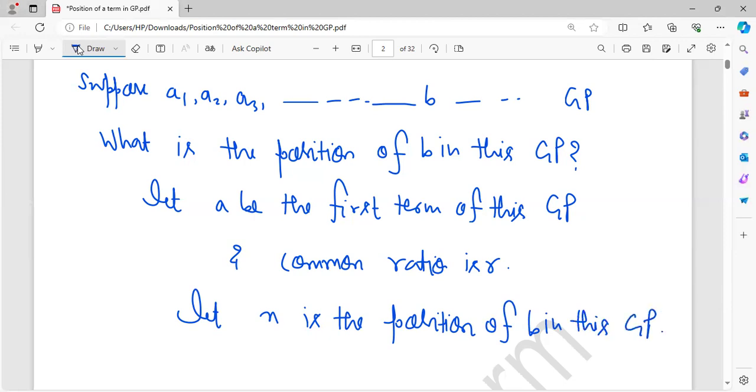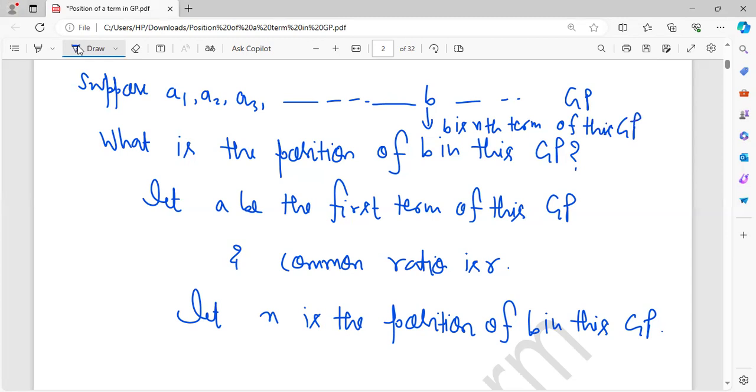If N is the position of B, then B is the nth term of this GP.